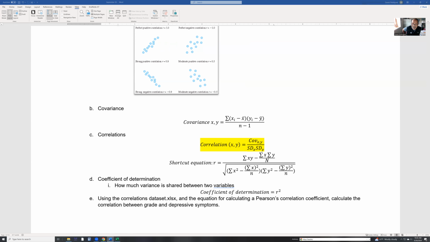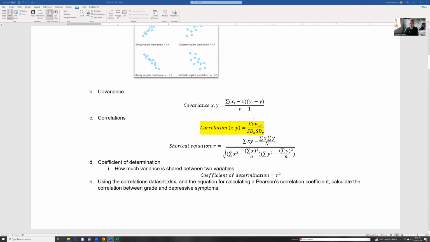That's why we squared in the first place, right? But now we're looking at the relation between two different variables. By not squaring it, we open the possibility of a negative value. Remember, in the variance, we squared this, so we'd eliminate the negative values. We wouldn't get a 0 up top. But here we allow for negative values.